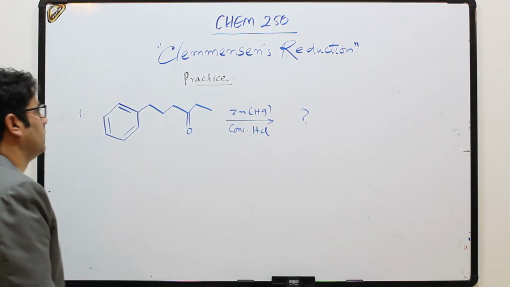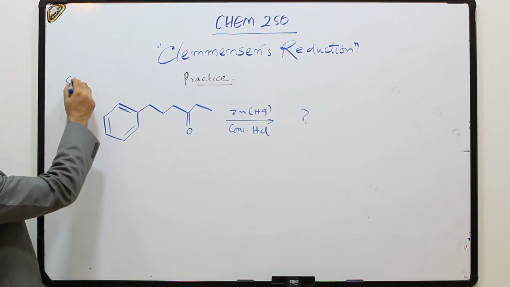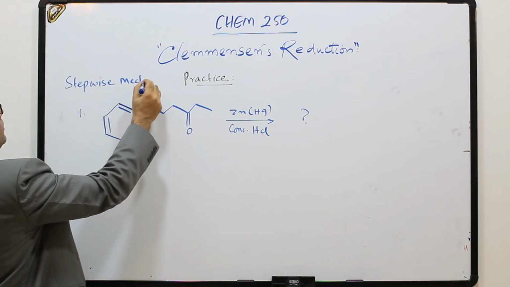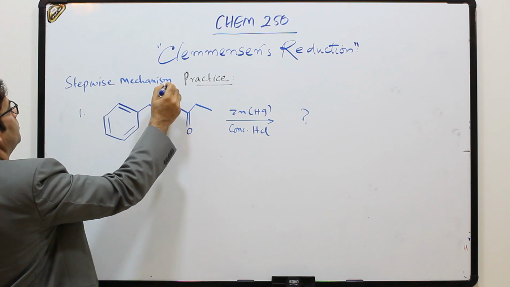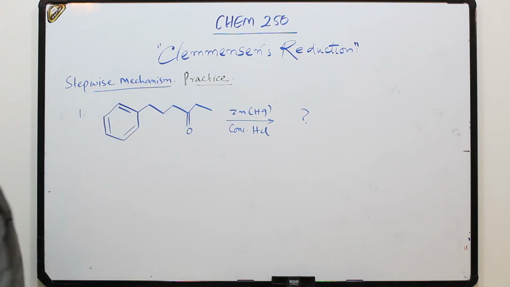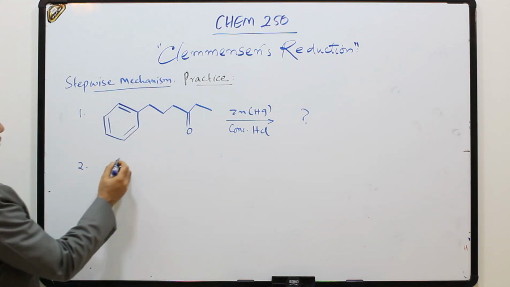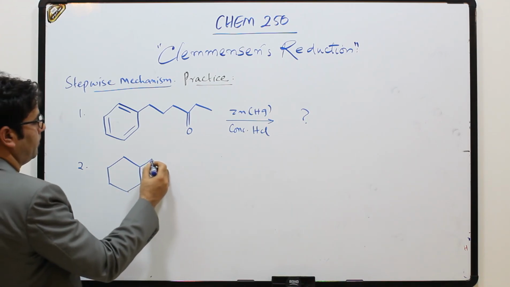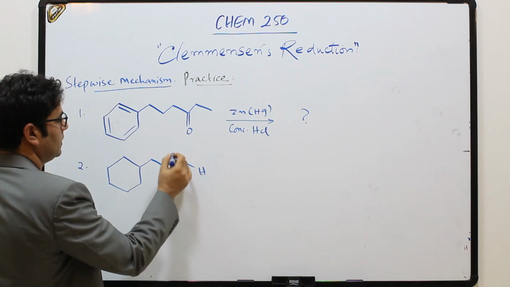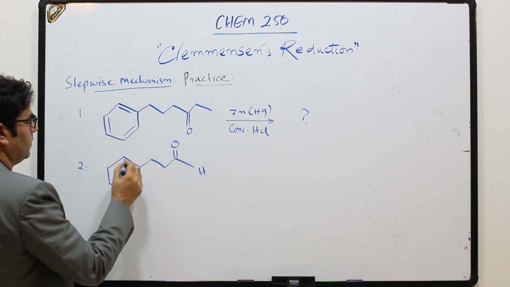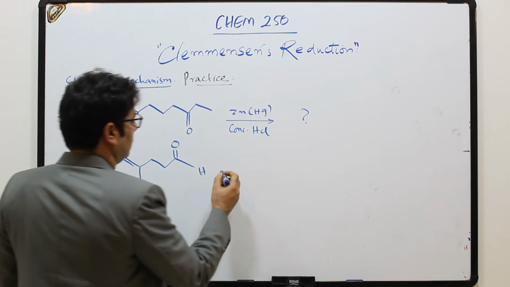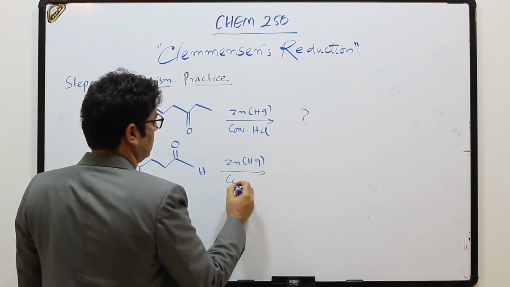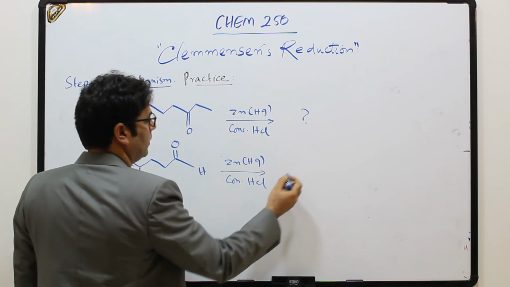Give the stepwise mechanism. Number 2, this is an aldehyde, concentrated HCl.